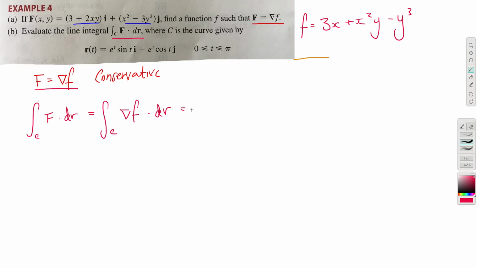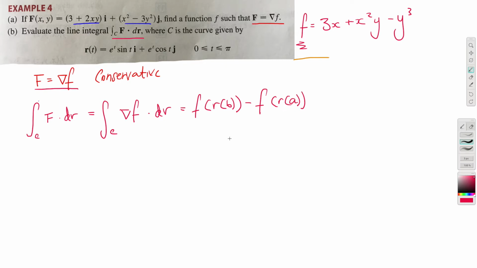We should know from the fundamental theorem for line integrals that this is simply f of r of b minus f of r of a.